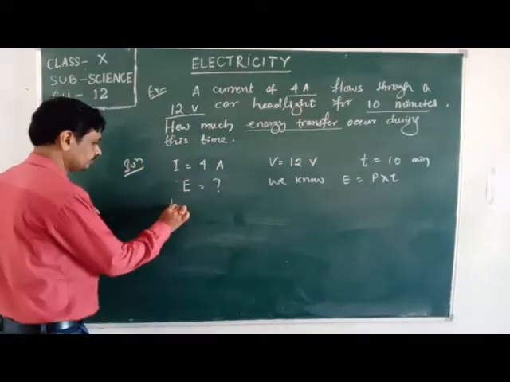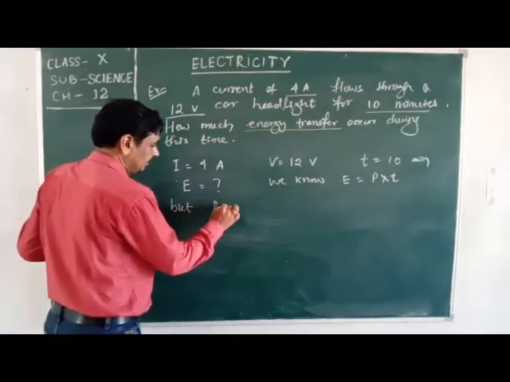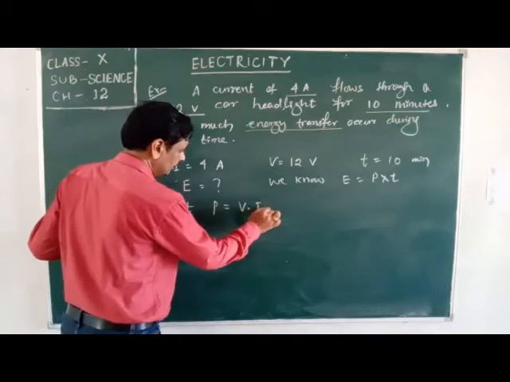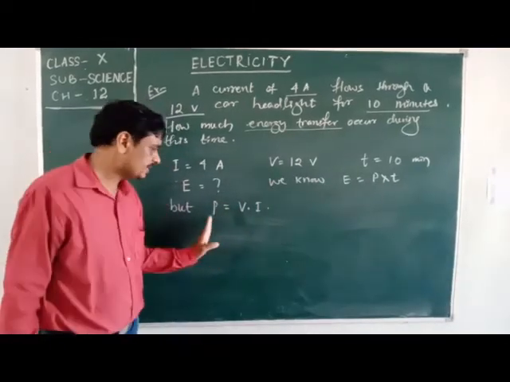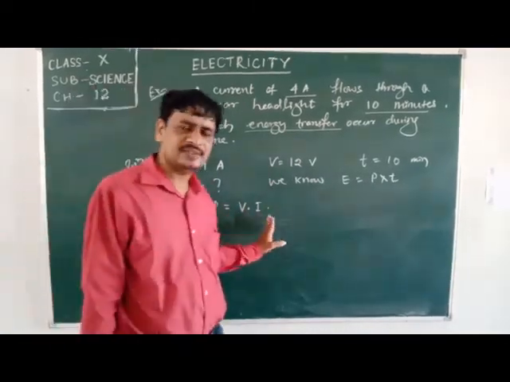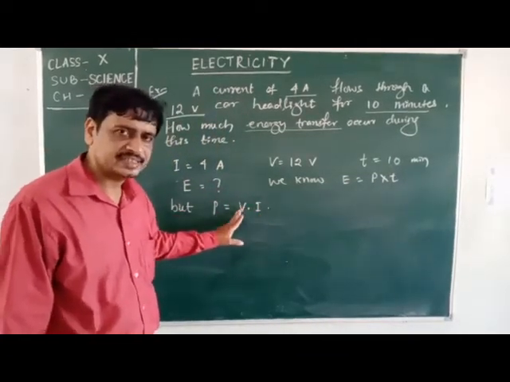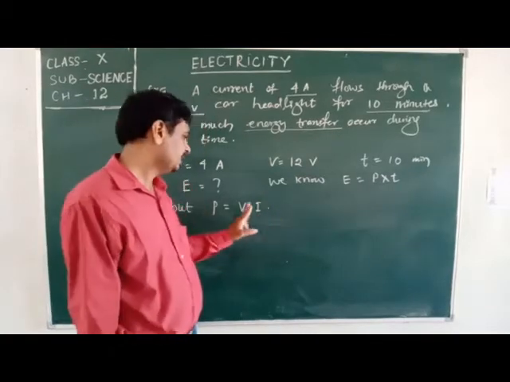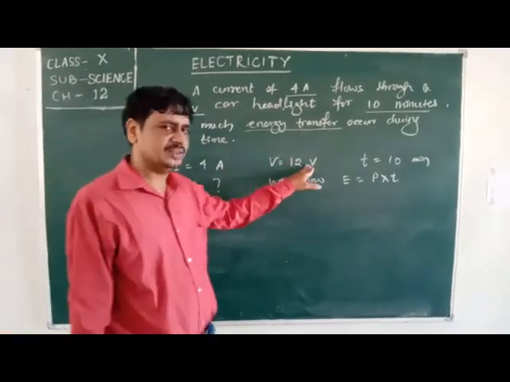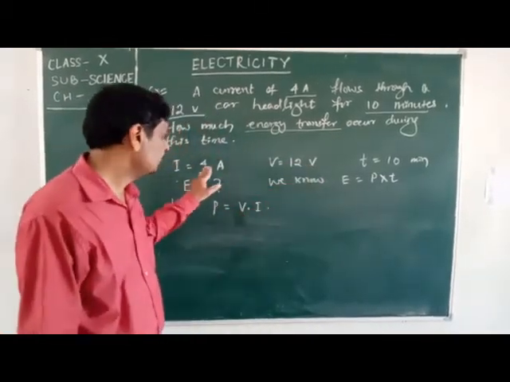But power is equal to V into I. We know power is the product of potential difference and current, and we have the values of both. Here potential difference is 12 volt and current is 4 ampere.